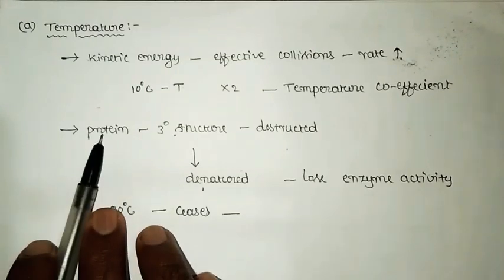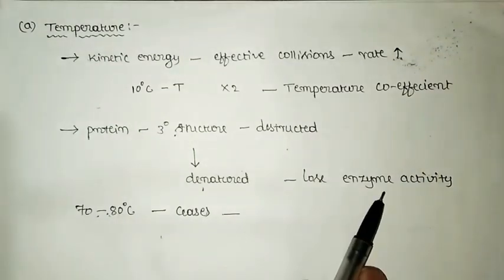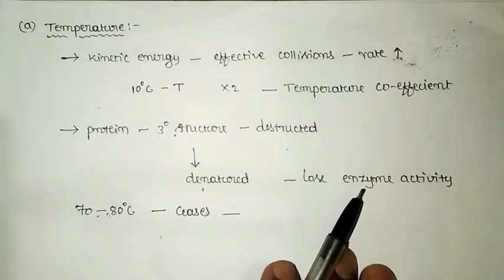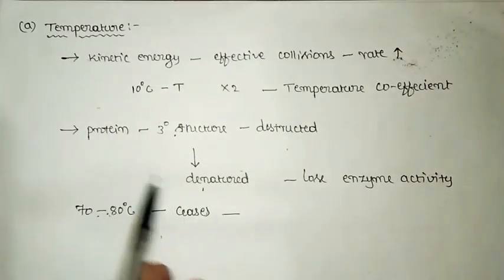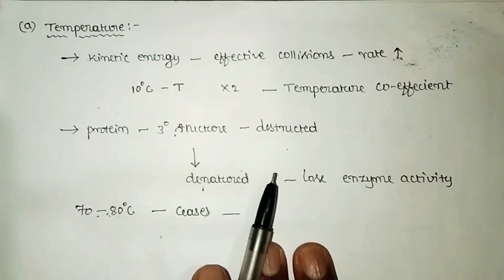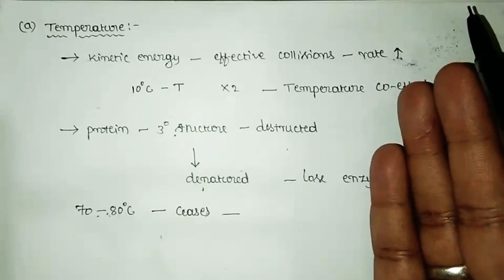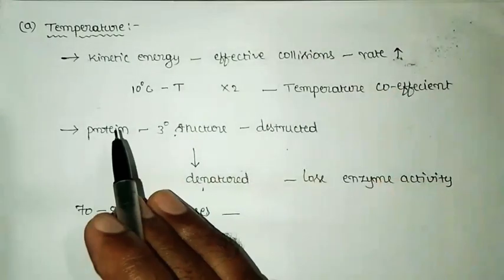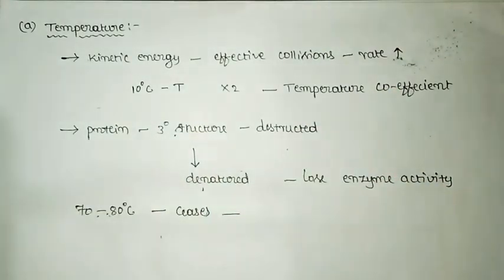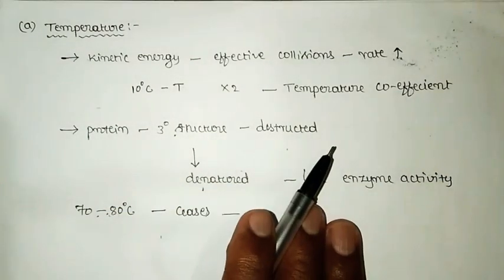Even if you bring down the temperature, the enzyme will not show its catalytic activity, since the protein part is already denatured. Once the protein part has been denatured at a relatively high temperature, even if you bring the temperature down, the molecule won't show enzyme activity.